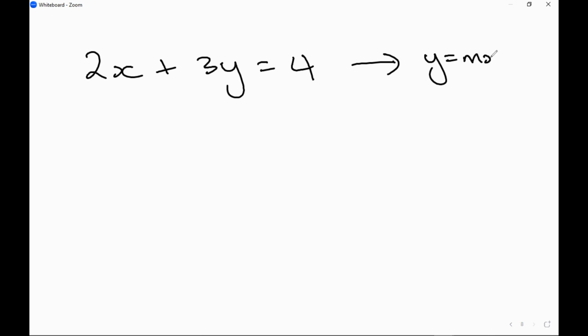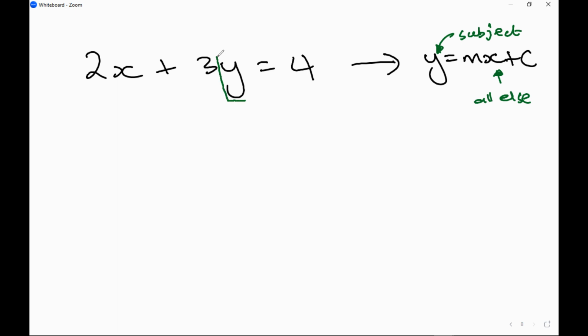All right. Let's move on to the next thing, which is rearranging a formula that is written like this into the form y equals mx plus c. In this case here, you want to make y the subject of the formula, and then all else must be on the right.